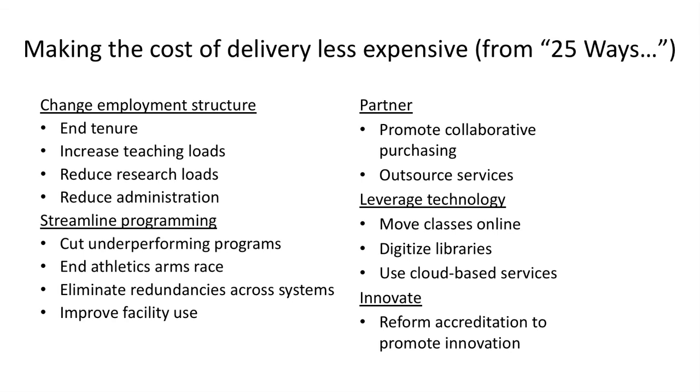Second category in the 25 Ways article is to talk about streamlining programming. And one way to do that is to cut underperforming programs. I talked earlier about eliminating the French program from the school I was at previous to this one and how painful that was. But it's really important to evaluate the cost structures of programs, the enrollment patterns of programs, and to either cut or reduce faculty in underperforming programs.